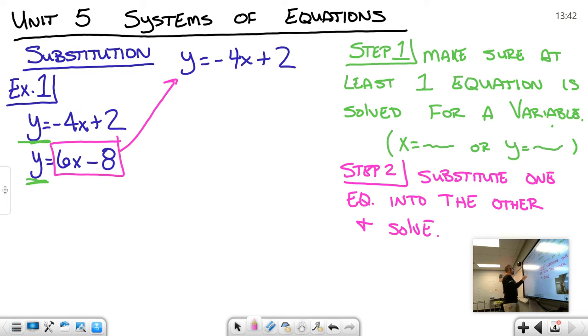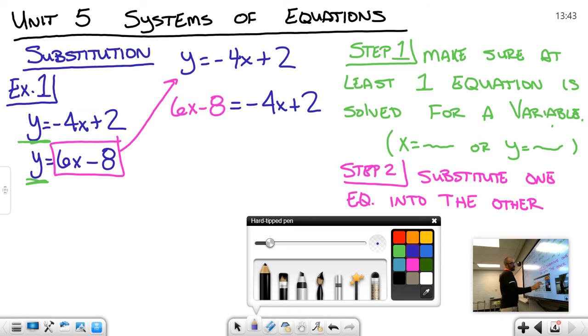Okay, so we're going to have 6x minus 8 equals negative 4x plus 2. All we did was we substituted. This is y. Okay, I took it and I substituted in for y. And now we're going to solve. Well, what do you mean by solve? Well, I mean, we're going to solve for the variable. We have a multi-step equation now, okay? We have variables on both sides. So I'm going to solve for x here, all right? So let's solve for x.